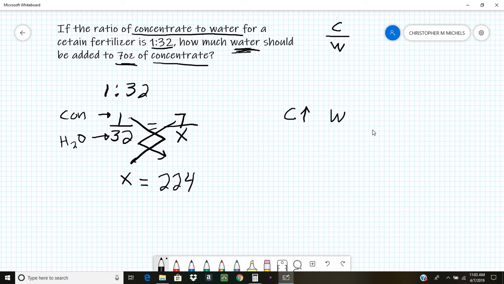As concentrate went up, water went up with it as well. That's the direct relationship. As one increases, the other increases with it. So make sure you're asking yourself, does my answer make sense? Does it fit the context of the problem? And this answer does make sense. It fits because as this went up, that went up too.